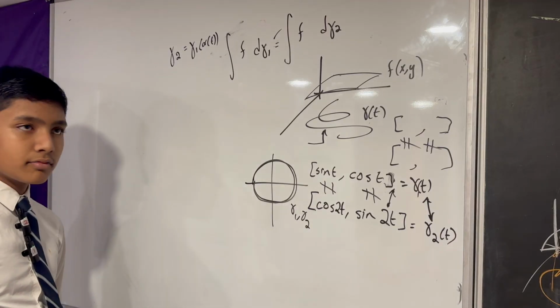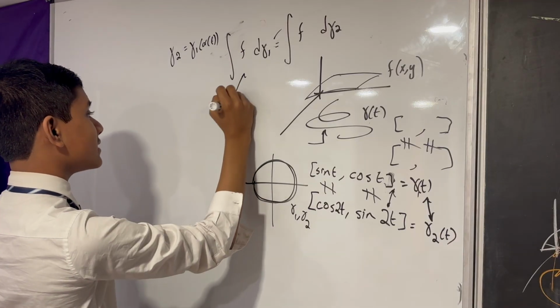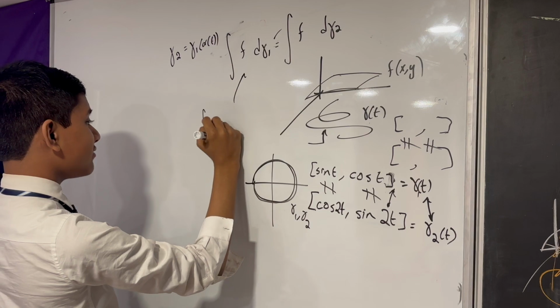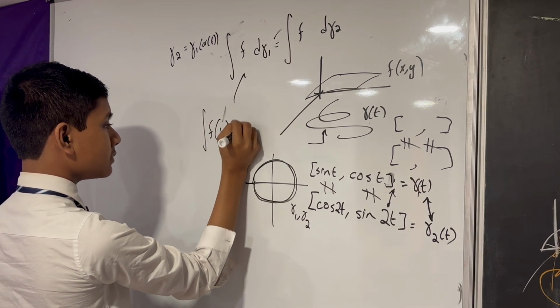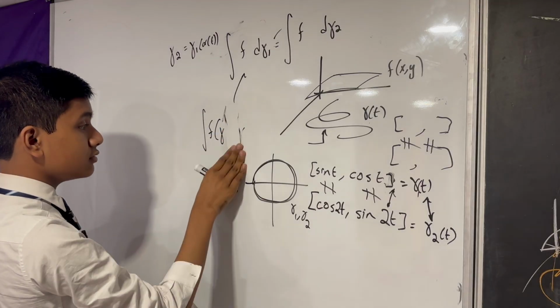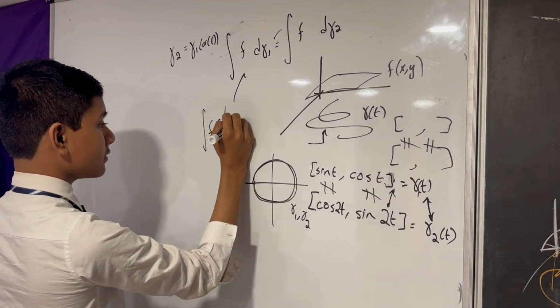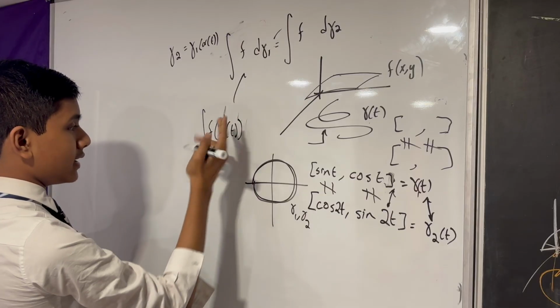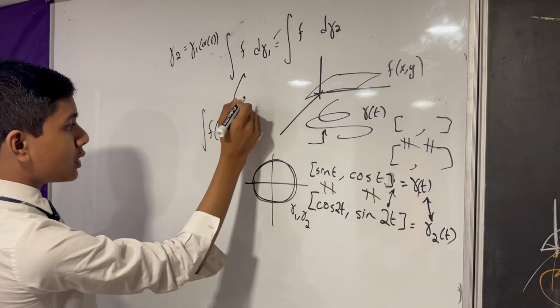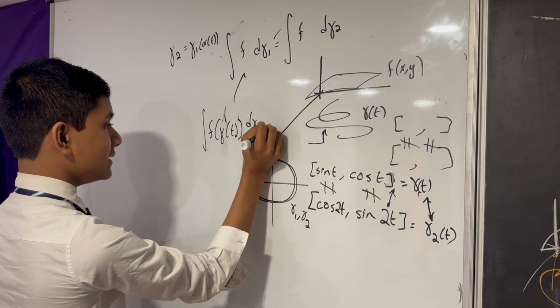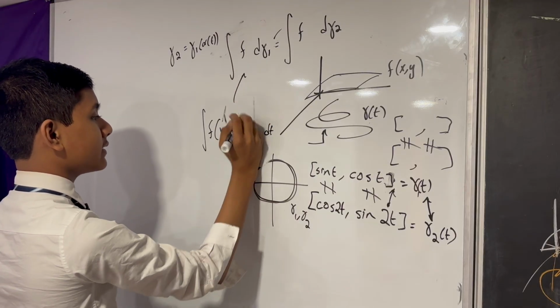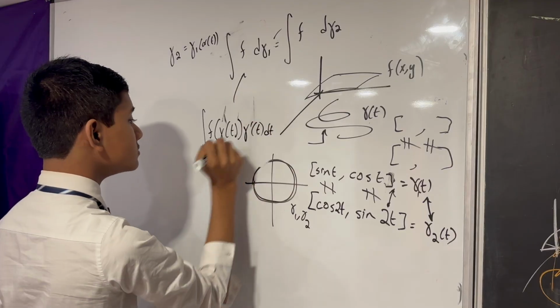Why? Well, recall that the definition of a line integral f d gamma is f of gamma d gamma, which further expands to f of gamma of t, and you can't integrate that with respect to gamma, so you're instead going to have to do d gamma dt dt. And so you rewrite this as gamma prime of t.